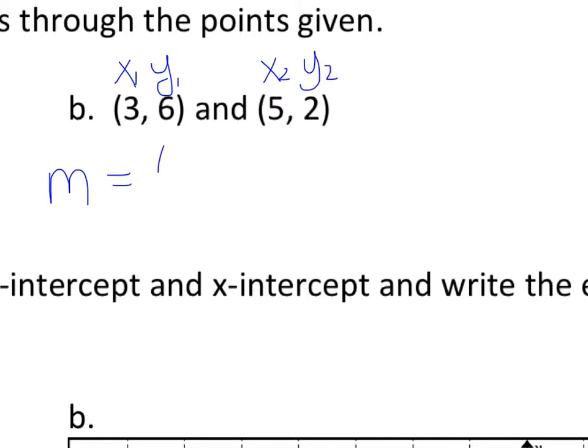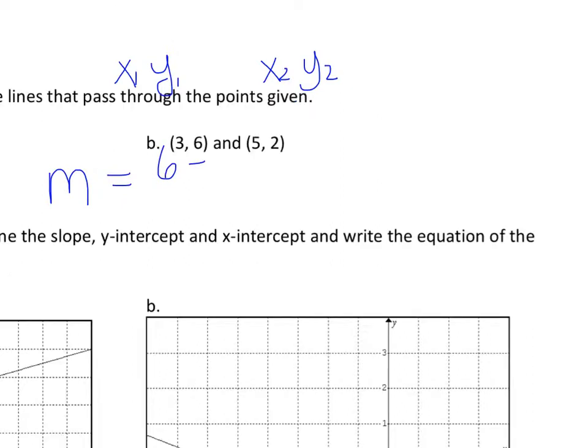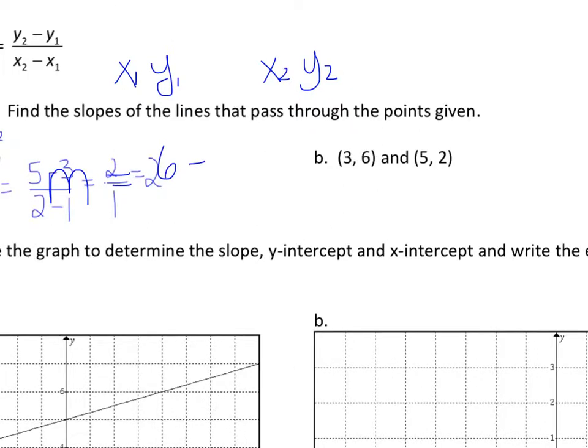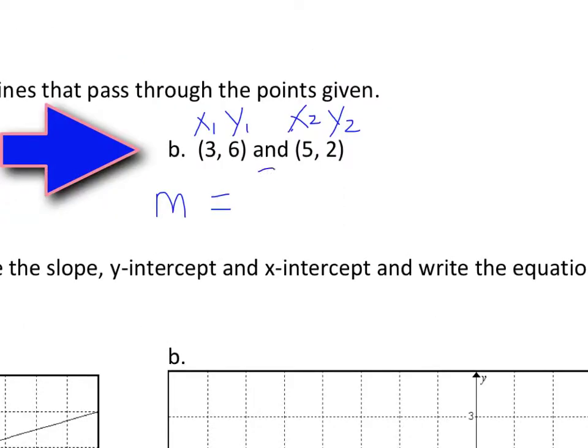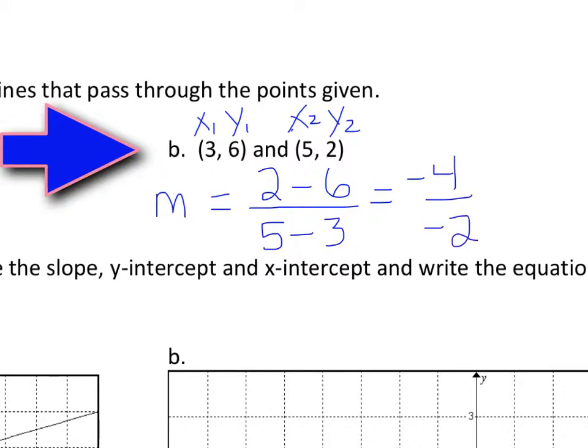So m is going to be 2 minus 6 over 5 minus 3. Now if you did it the other way, it's okay. You can do 6 minus 2 over 3 minus 5. It doesn't matter, but if you're going to switch the top, you also have to switch the bottom. So that's negative 4 over negative 2.